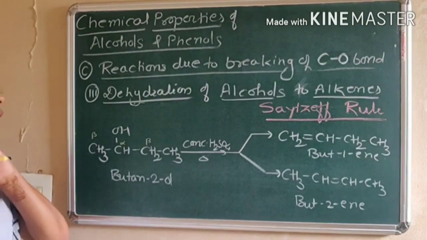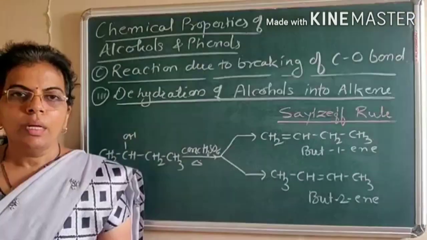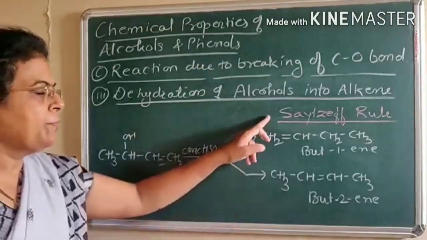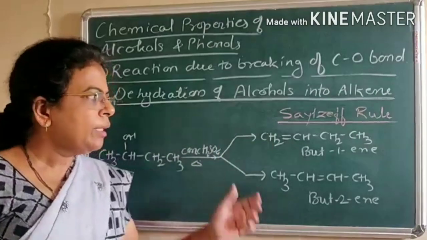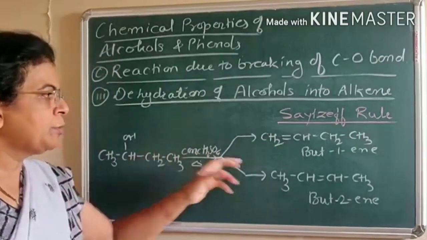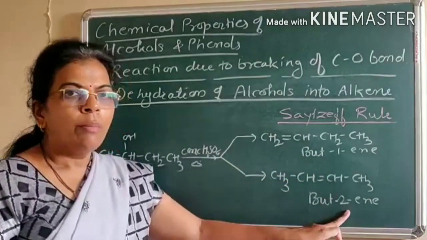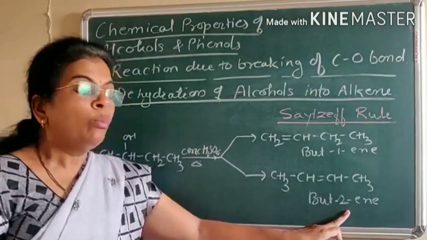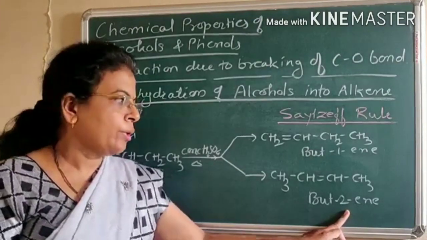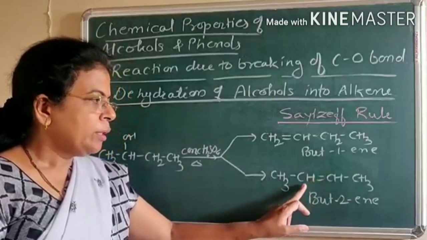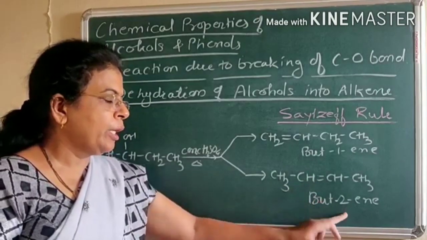But according to Saytzeff rule, we have seen this Saytzeff rule in halogen derivatives. Similarly, here alpha beta elimination takes place to obtain but-1-ene and but-2-ene. But according to Saytzeff rule, the more substituted product is obtained as a major product. Now here, this more substituted alkene is but-2-ene.